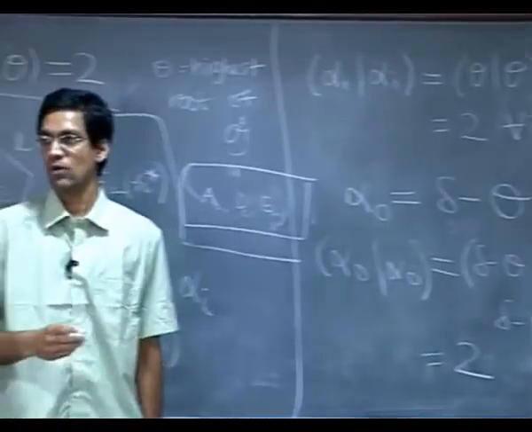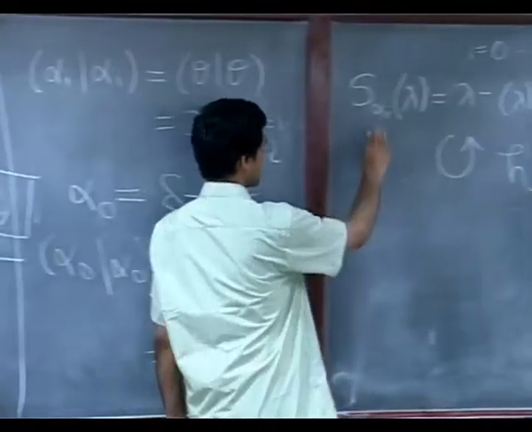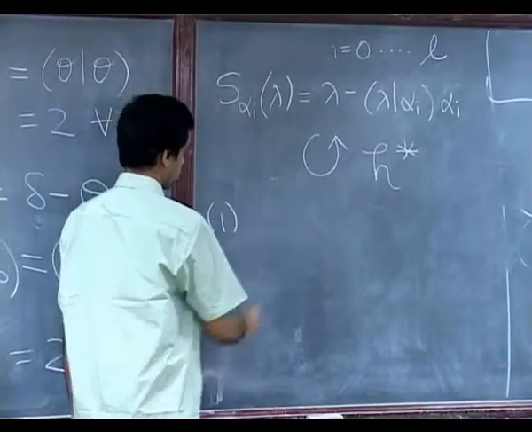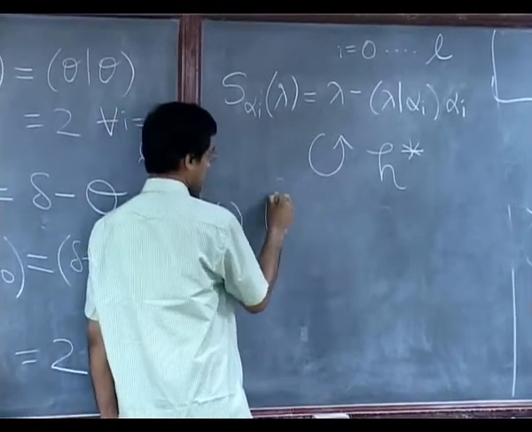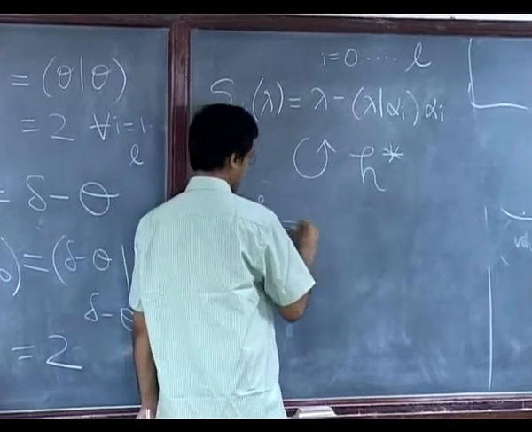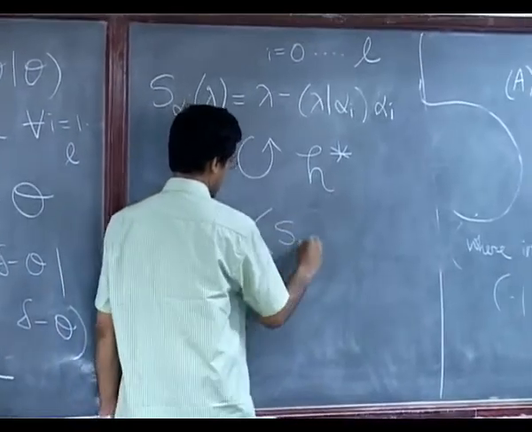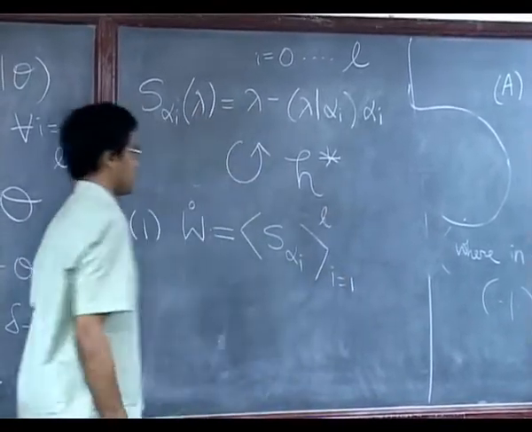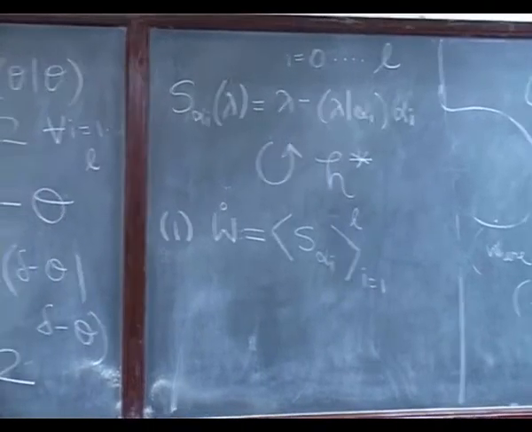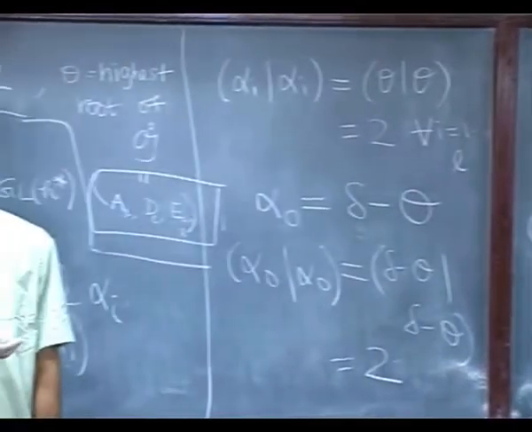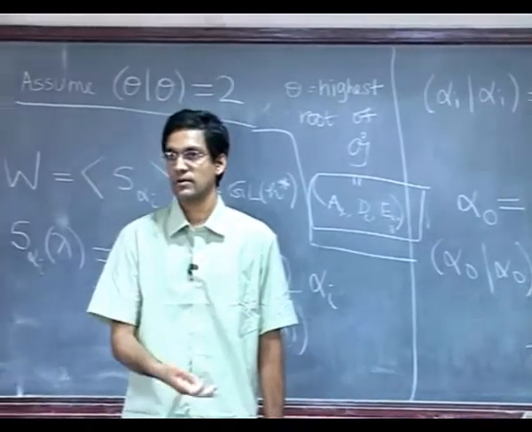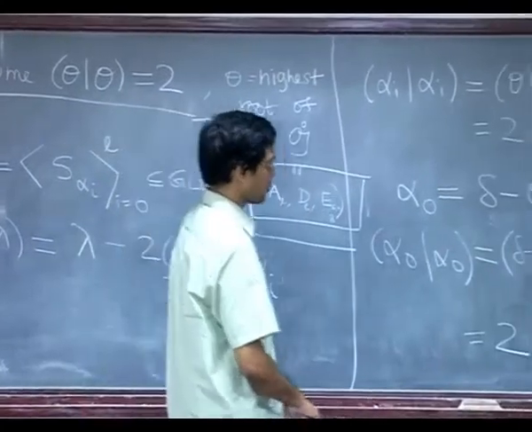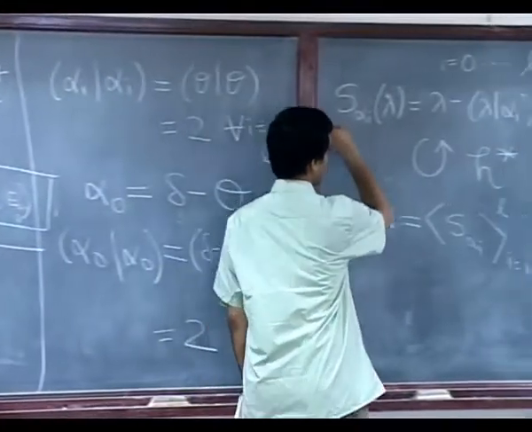Okay, so back to the same question. What can one say about the group generated by all these S alpha i's? The first observation Raghavan mentioned this morning was, you can just look at the subgroup generated by only the simple reflections from 1 through L, ignoring the alpha naught, and ask, what can you say about that group? How does it act on H star?